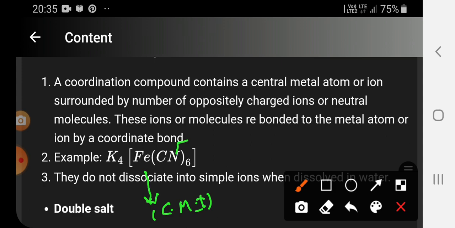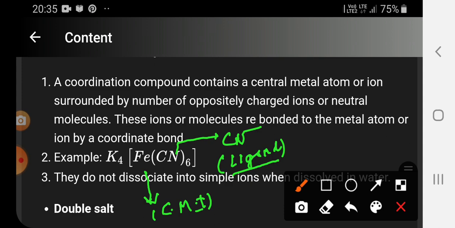So this CN consists of negative charge and is known as ligand. Why are these known as ligands? Because these have the tendency to donate pairs of electrons to the central metal atom or ion to form a coordinate bond.